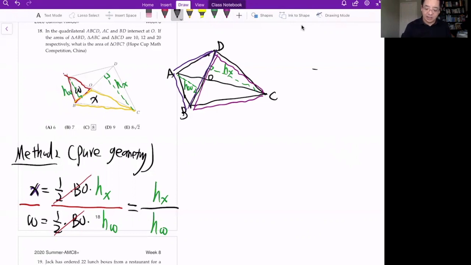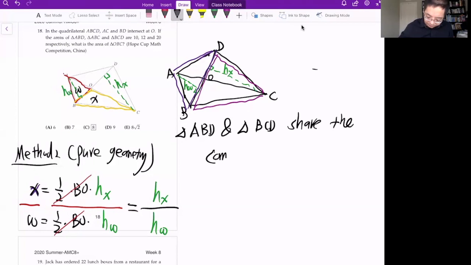And the reason is the same. Triangle ABD and triangle BCD share the common side, that's the BD, right? So this is the BD, the common side right here.